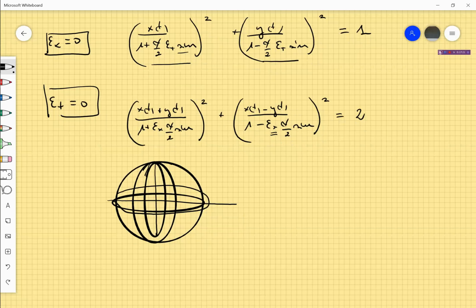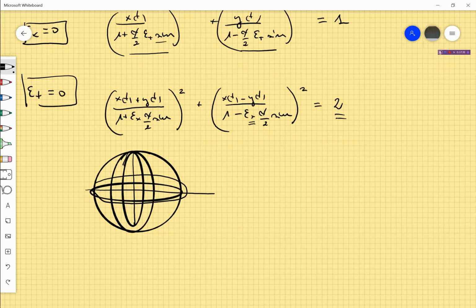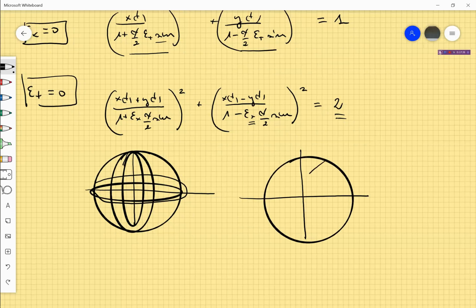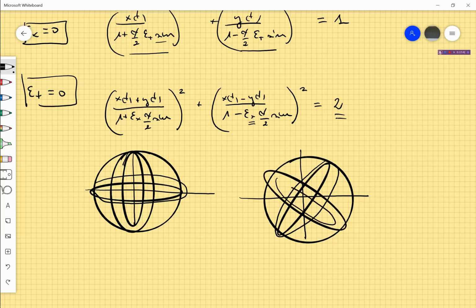And here the phenomenon is exactly the same. The fact that you have a 2 is irrelevant. We just want to study this qualitatively, and the phenomenon is exactly the same. You start with a circle, but now the ellipses form in this direction and also in this direction. And this is something that happens periodically.